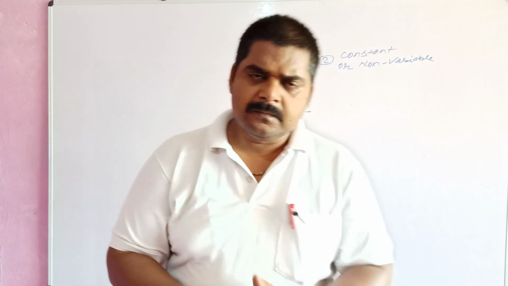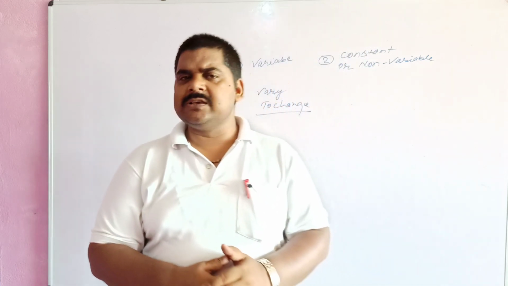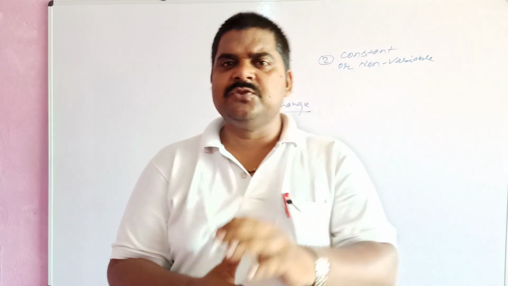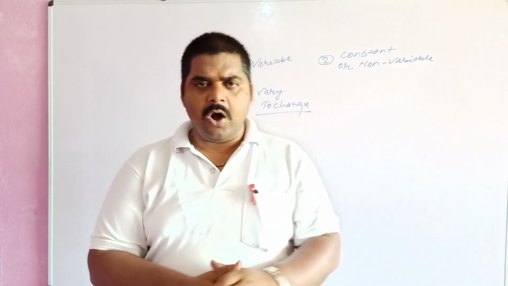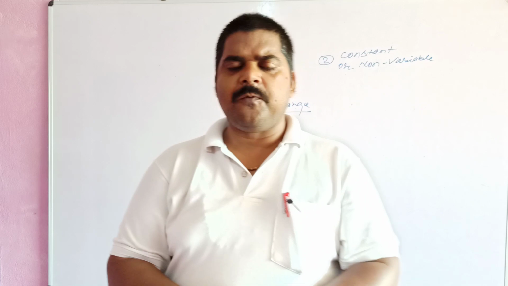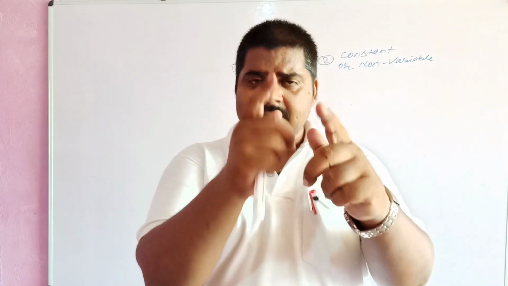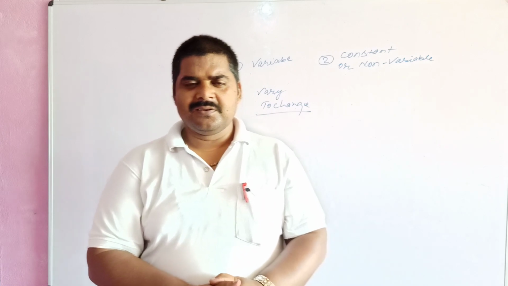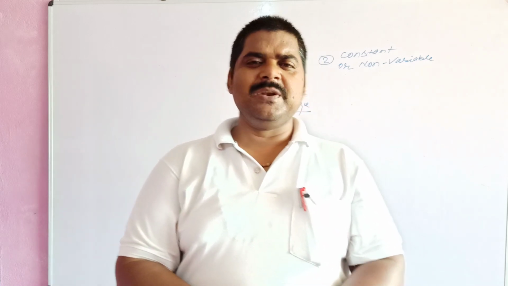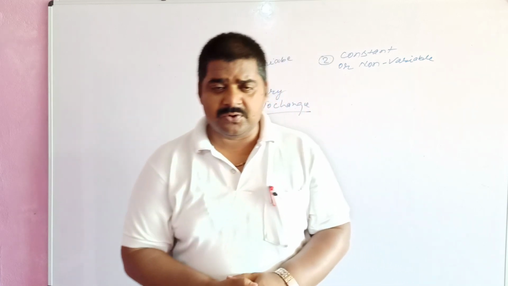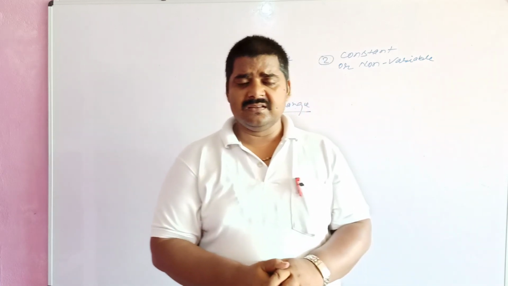Suppose anyone asks you how many shirts do you have? How many members are in your family? How many students are in the class? Then you can simply say a quantity, 30, 40, 50.